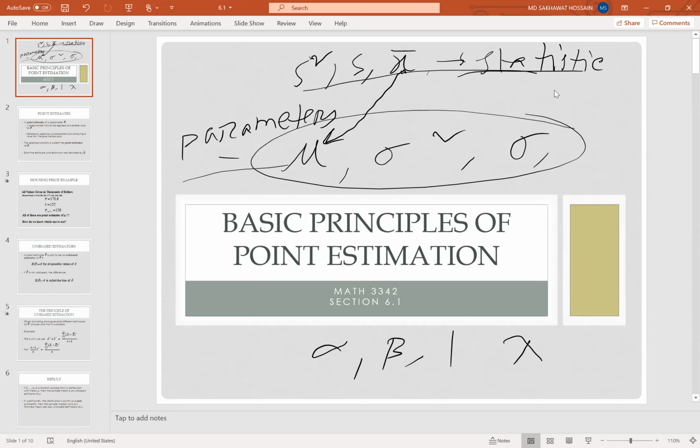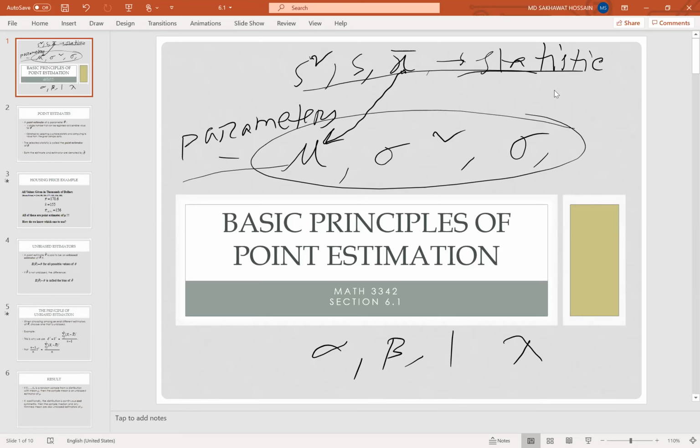We can just randomly select 10 students, collect their scores, take the average, and based on this average we can tell that the average score of this class is this one. So this is called making inference about parameters based on statistics.